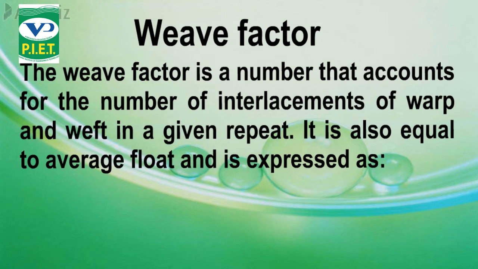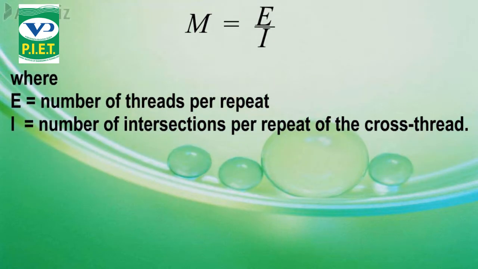It is also equal to average float and is expressed mathematically by formula M is equal to E by I, where E is the number of threads per repeat and I is the number of interlacement or intersection per repeat of the cross thread. The intersection is the point where the thread goes up from the downside or down from the upside.